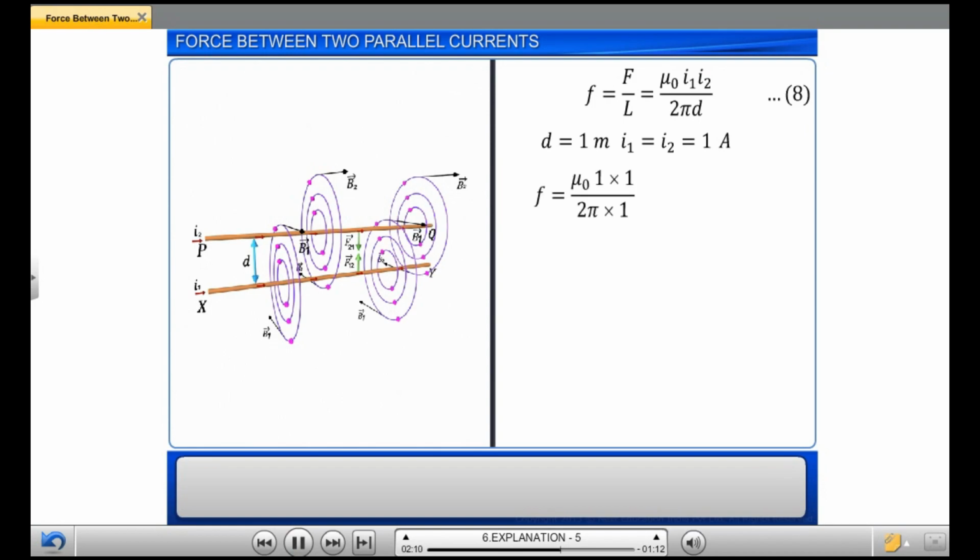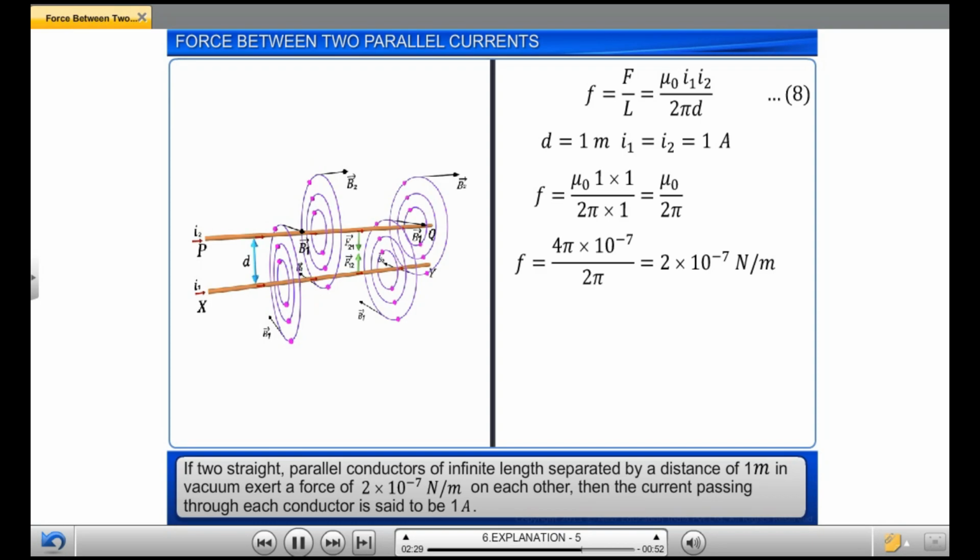Then, the force per unit length becomes mu naught by 2 pi. On substituting the value of mu naught, which is 4 pi into 10 power minus 7, we get F equal to 2 into 10 power minus 7 Newton per meter.